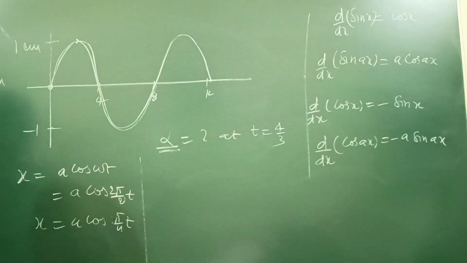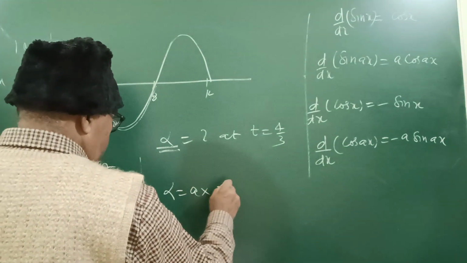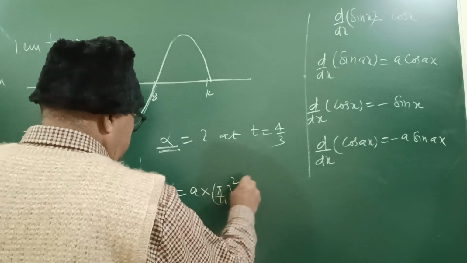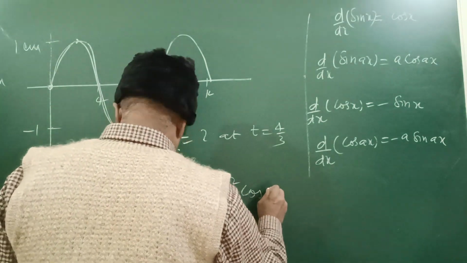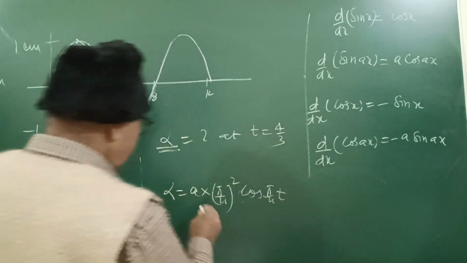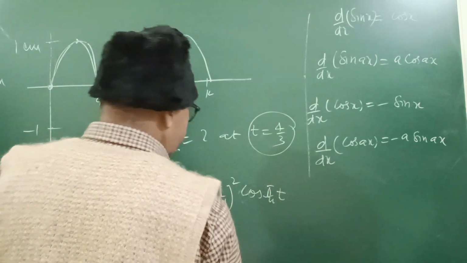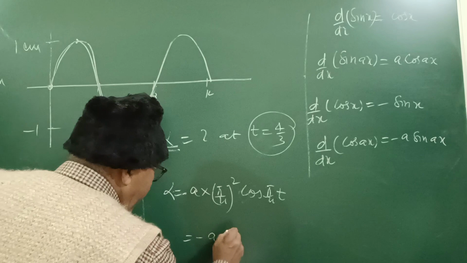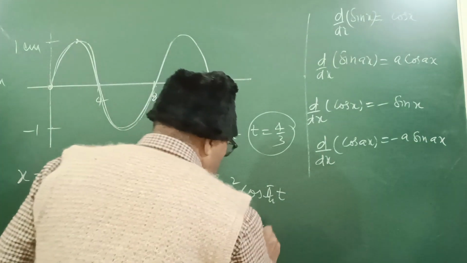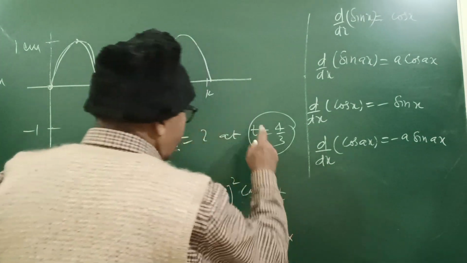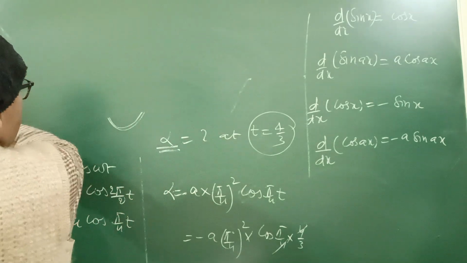You need acceleration. So acceleration alpha will be a into pi by 4 square into cos pi by 4 t, and a minus will also come here. You are asked what is alpha at t equal to 4/3. So minus a into pi by 4 square into cos pi by 4 into 4 by 3 in place of t. So it is cos pi by 3, which means cos 60.